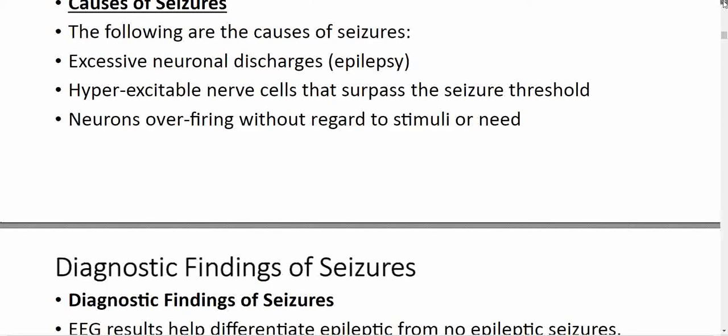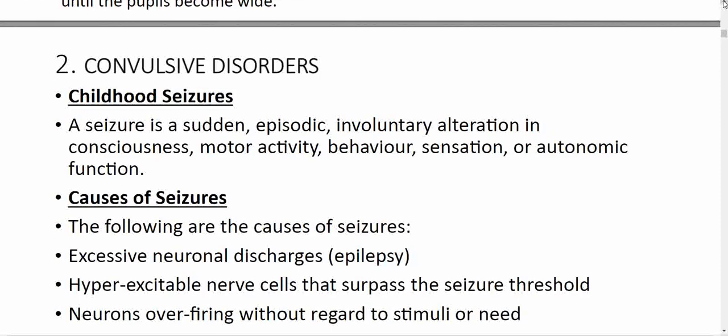So when we talk about seizures, there's a great deal more than this. We shall check them later on. But here we have convulsive disorders, childhood seizures. A seizure is a sudden episodic involuntary alteration in consciousness, motor activity, behavior, sensation, or autonomic function.